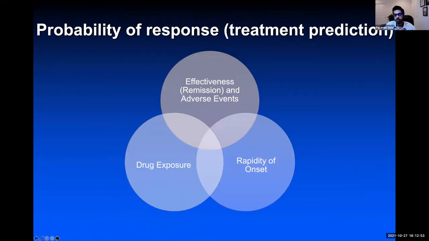So when you think about treatment prediction, there's really three concepts, and Remo touched upon some of these earlier as ways to optimize therapy. There's effectiveness, or the risk of adverse events, and rapidity of onset, and you can think about co-induction here with steroids or even a second biologic, as some have alluded to earlier.